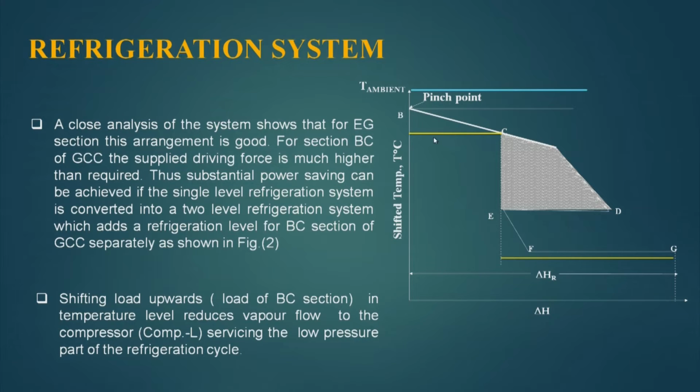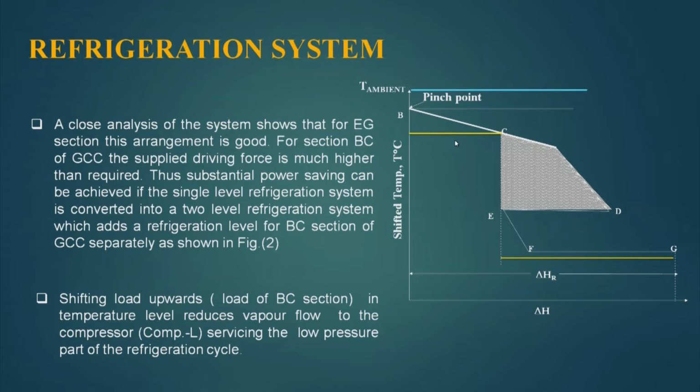So, this shows that I have created a temperature level here by giving a refrigeration system which creates an evaporator at this temperature, and another evaporator is created at this temperature. So, now the cooling has been divided into two parts.